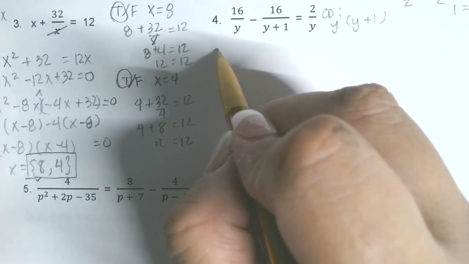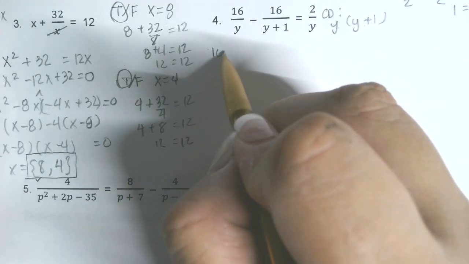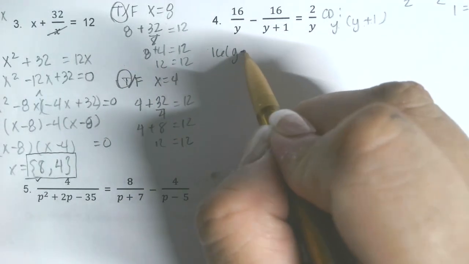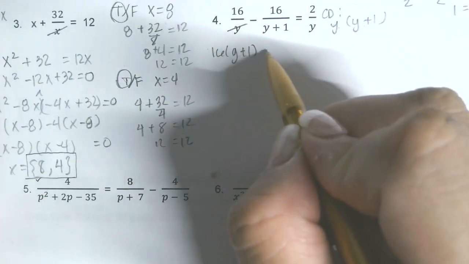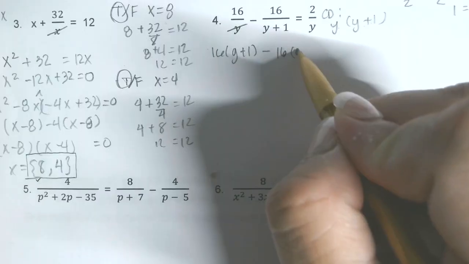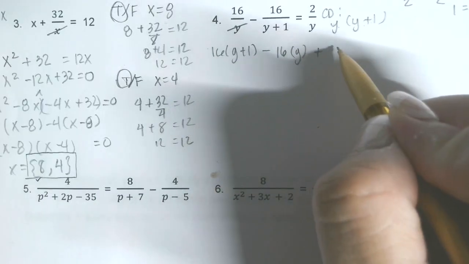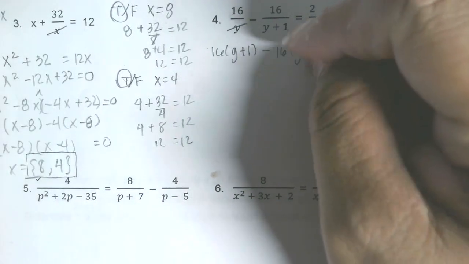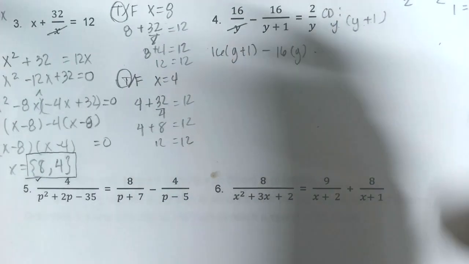So now I have 16 times y plus 1 minus 16 times y equals 2 times y plus 1.